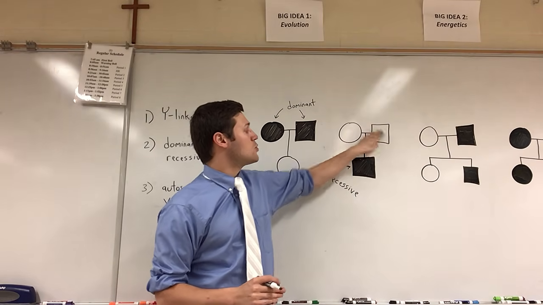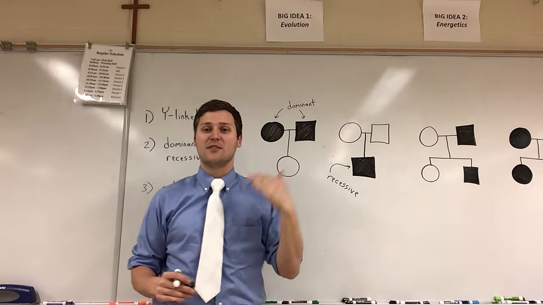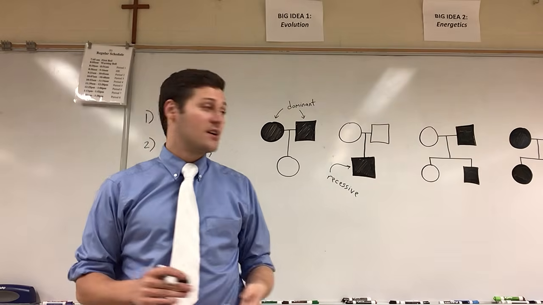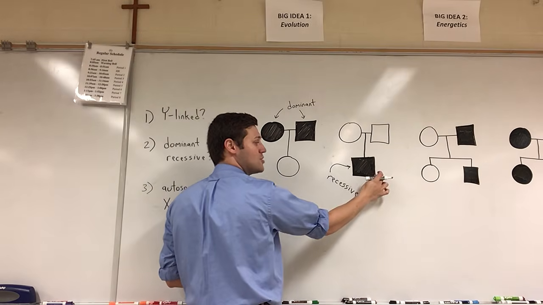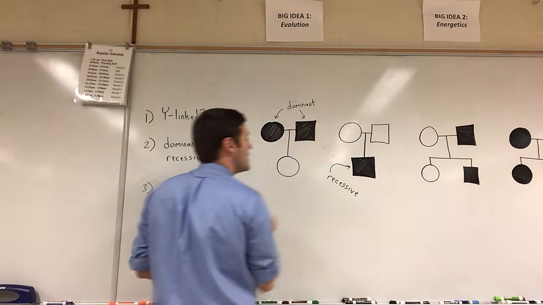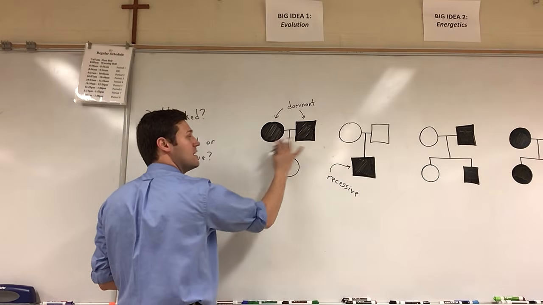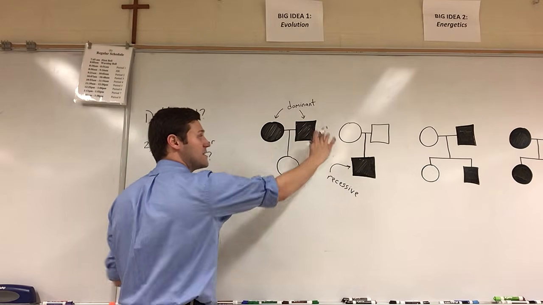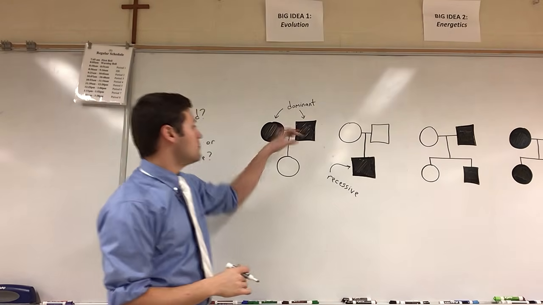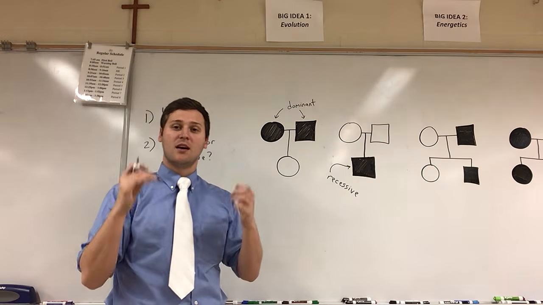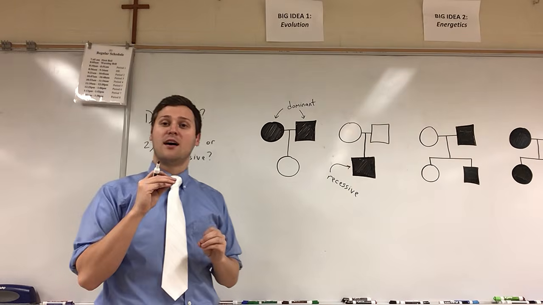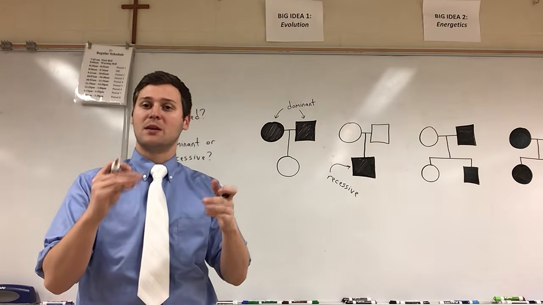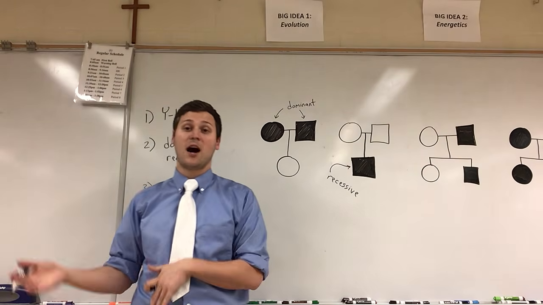You cannot have two recessive parents have a dominant offspring. So if you have two parents that are unshaded and the child is shaded, the trait is recessive. If you have two parents that are shaded and the child is unshaded, the trait is dominant. And these two might be carriers of the trait, of the recessive allele, sorry. So hopefully that is a trick that you guys can use to eliminate either recessive or dominant.